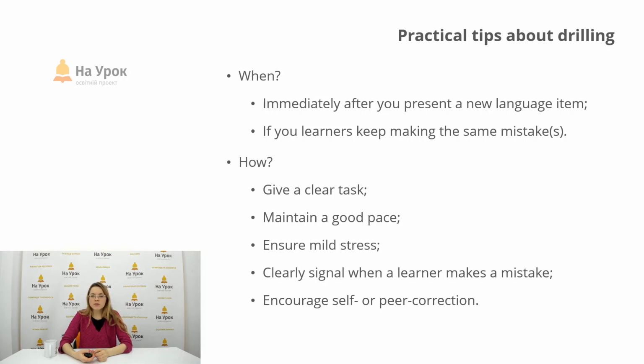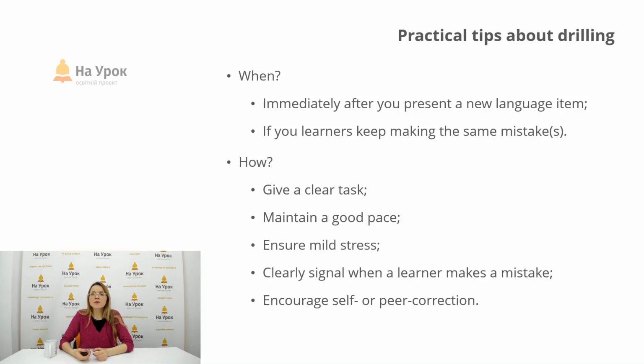Signal when a learner makes a mistake. For example, a learner makes a mistake and you say no and move on to another one. Another one gives you the right answer, then you return to the first one and say, okay, Zhenya, now say it right, okay? But signal or make a face, it's up to you how you signal that your learners have made a mistake.